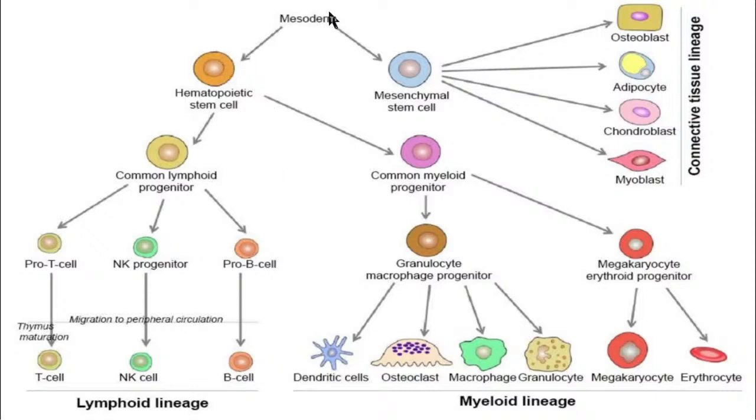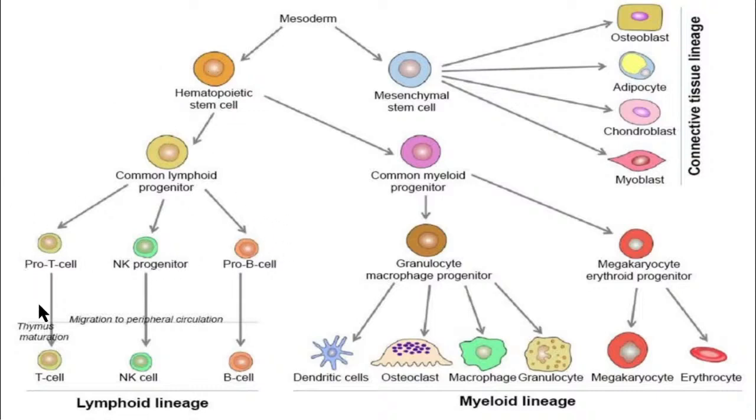Hematopoietic stem cells arise from mesoderm, multipotent stem cells, and these multipotent mesenchymal stem cells transform into mesenchymal stem cells and hematopoietic stem cells. Both of them are of mesodermal origin. First is the lymphoid lineage, the common lymphoid progenitor. So stem cells give us the formation of progenitor cells.